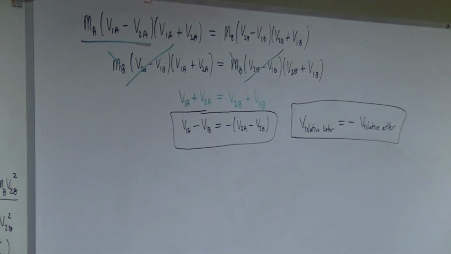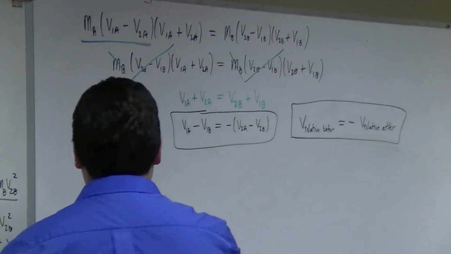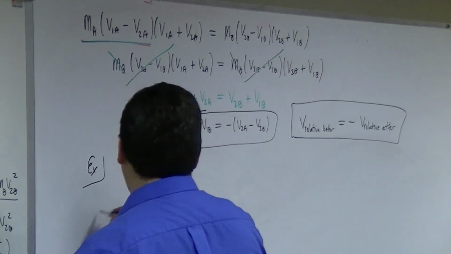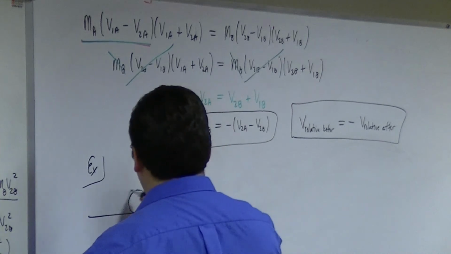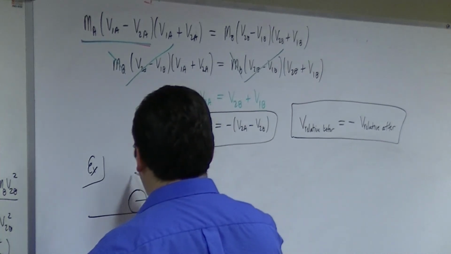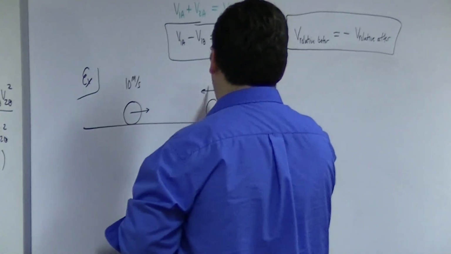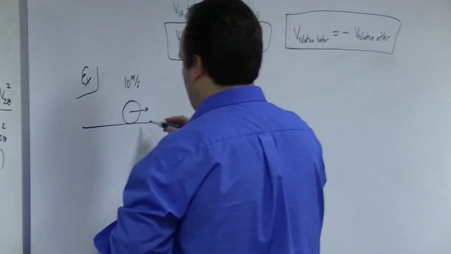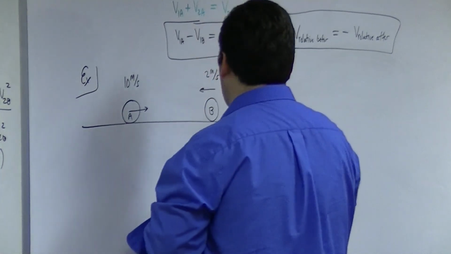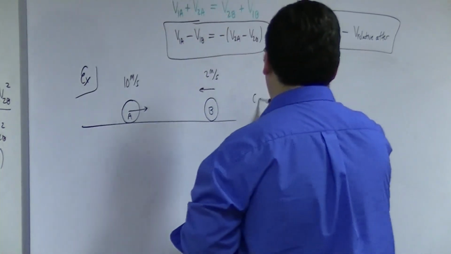Just the difference in velocity before and after is equal but opposite. So with that in mind, I can work an example pretty easy. So like here you go, 10 meters per second, 2 meters per second. Here's A, here's B. I can tell you the collision is elastic.